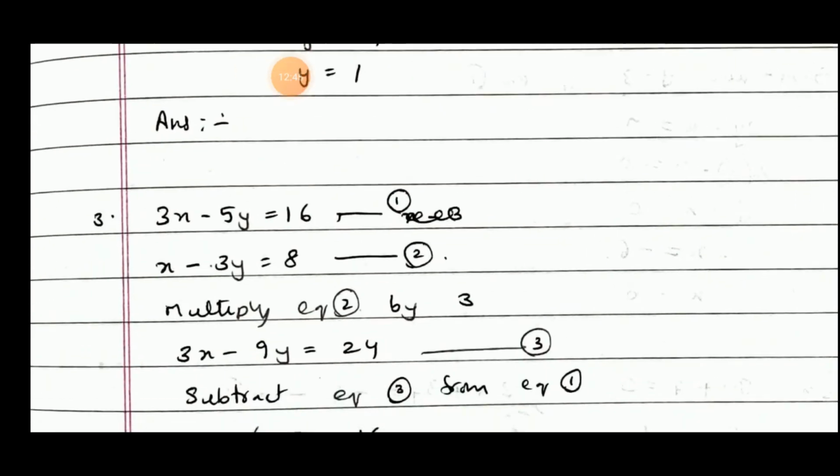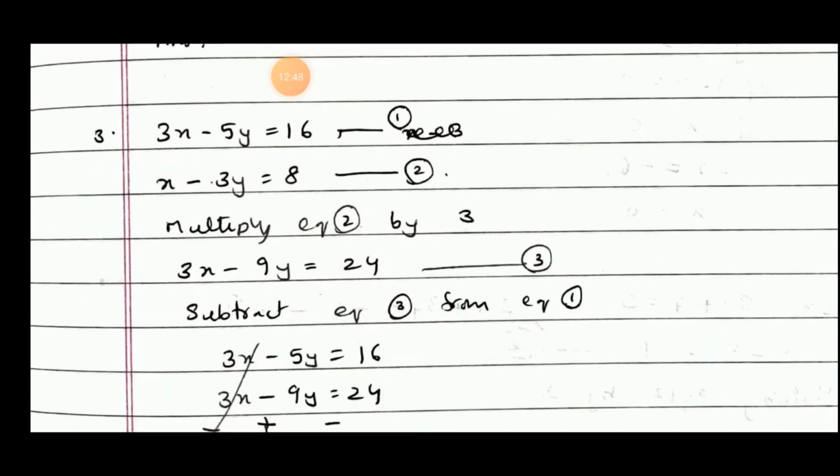And then the third one, 3x minus 5y is equal to 16, give it equation number 1. 3x minus 3y is equal to 8, give it equation number 2. So multiply equation 2 with 3. So 3x minus 9y is equal to 24. Subtract equation 3 from 1.